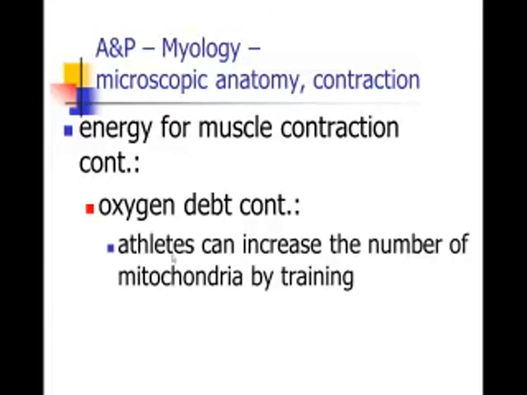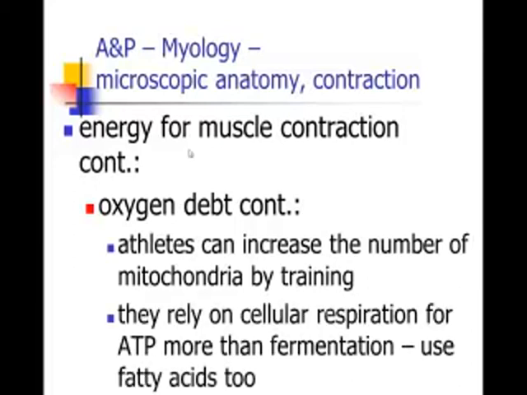Okay. So here's a really cool thing. If you're an athlete and you train, you can actually increase the number of mitochondria in your muscle cells, and if you increase the number of mitochondria, then you can produce more ATP, and the cellular respiration then is going to generate the ATP involving the mitochondria, and that is going to reduce the amount of fatty acids or the acetic acid that's formed, because fermentation is not going to be used as much.